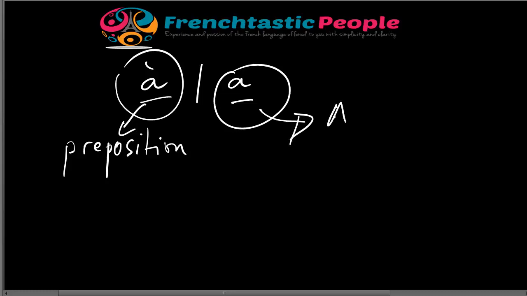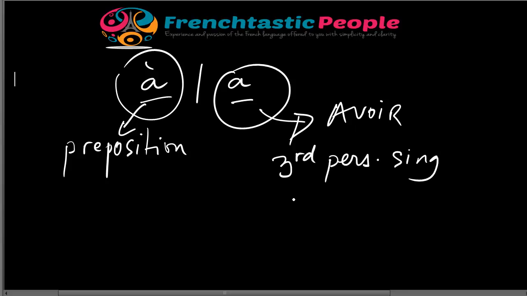This is avoir, our very famous French auxiliary, avoir, conjugated in the third person singular, in the present tense. Présent de l'indicatif, right? Au présent. Okay. So we have a preposition here and a of avoir, right?